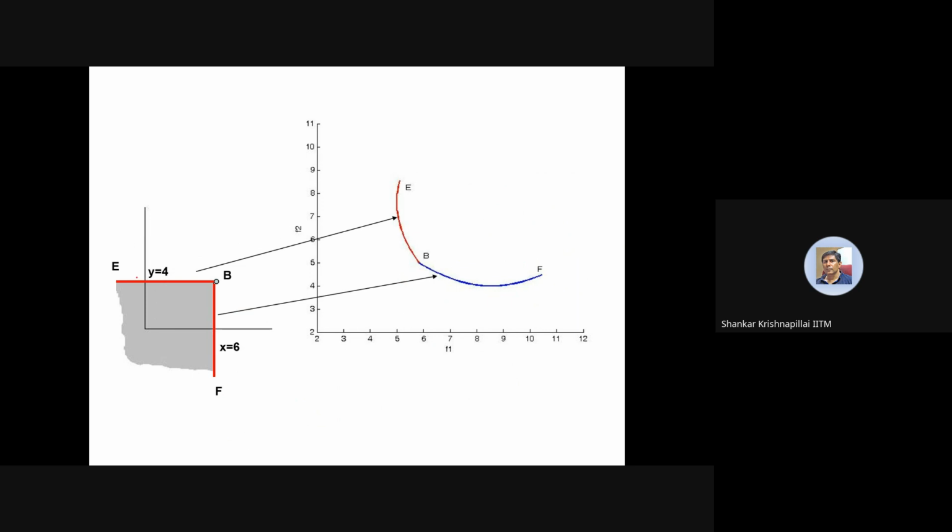Okay, so all these points here are converted to F1, F2 coordinates. So this point B comes here, this point E will come here, this point F will come here, and any points in the interior, like X, Y, Z will come here.